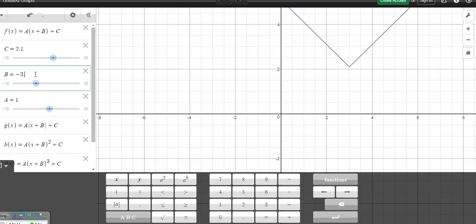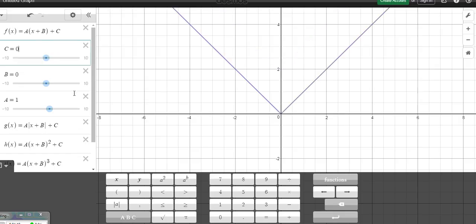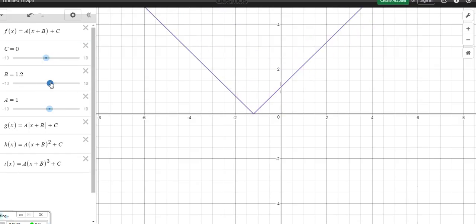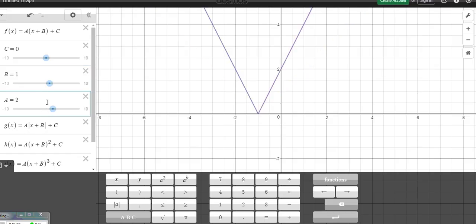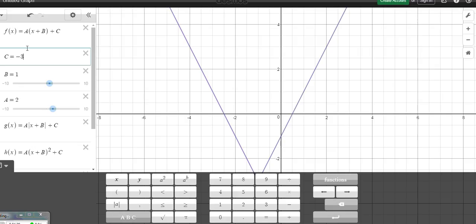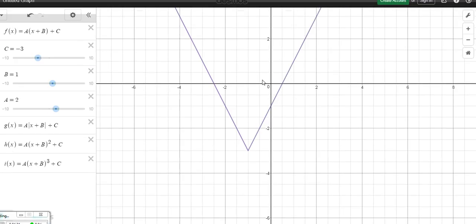Let me get this back to 0, back to 0. I could change my B value, so now it is to the left. I could change my A value, so now it is narrow, and my C value, so now it is further down. So I can change all of those things.